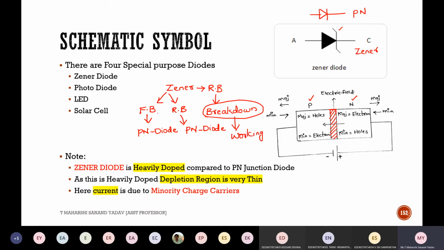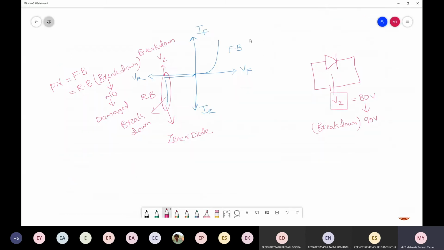So its working is the same under forward bias and reverse bias till a certain voltage, which is nothing but VZ. Beyond VZ, if it enters into the breakdown region, then it starts working. So it is something like this. Under forward bias, same working till this point also. Till this point also, the working condition is the same as a diode. But once it enters this breakdown region, it starts working.